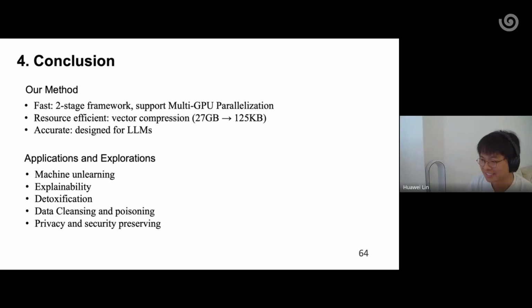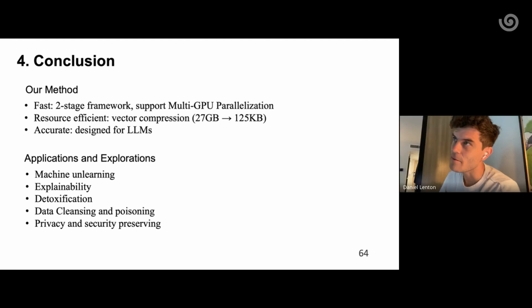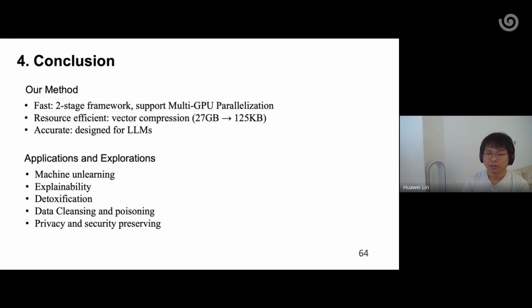Yeah, that's a very good question, and it's very popular right now. So for example, for detoxification, if we find toxic content the model generates, we can trace back to the data set and find which data samples have the most influence on this toxic content. So we can remove this content and then continue to train the model.